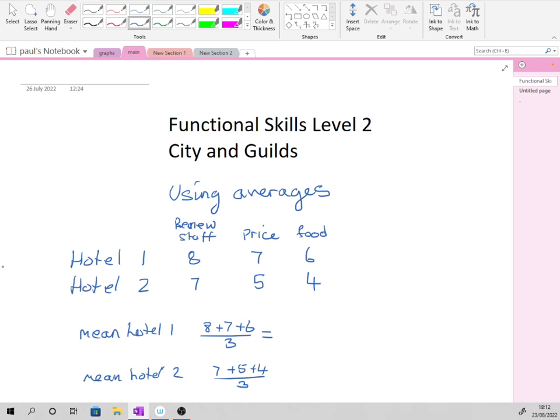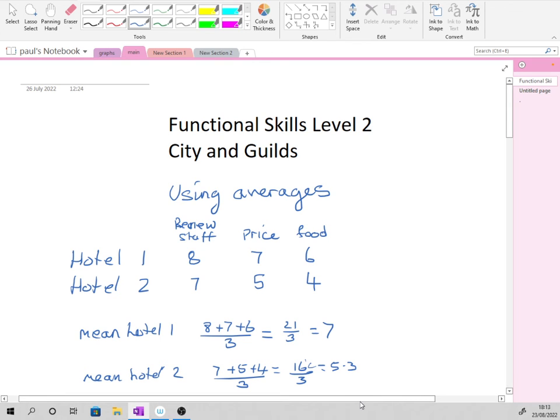So what's that? 15, 21 divided by 3. Oh, that's nice. That comes out as 7. And 12, 16 divided by 3. 3 fives, 15 with 1 over, and 3 threes, 9.